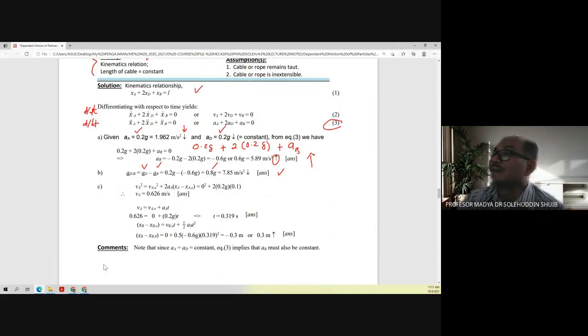For part C, you simply use this equation and substitute the values. A comment here: note that since the acceleration of A equal to the acceleration of D is constant, in equation B it implies that the acceleration of B must also be constant.